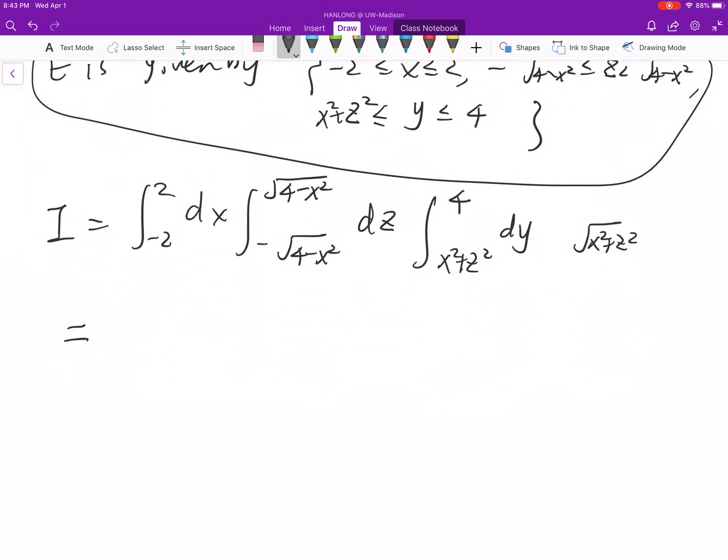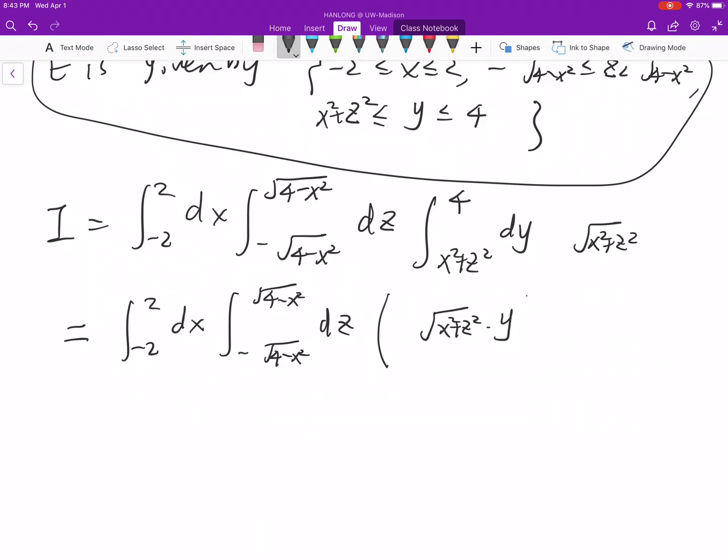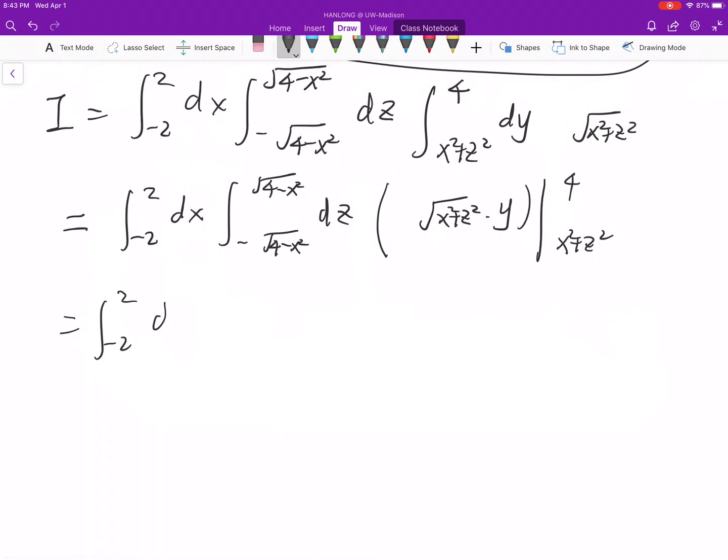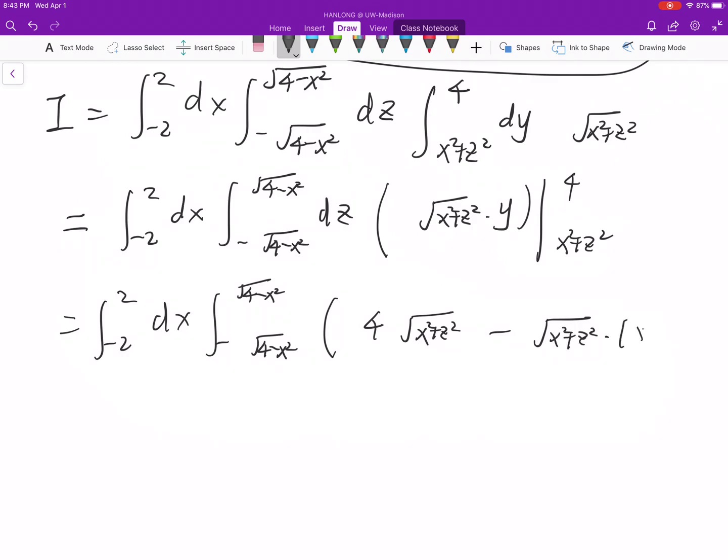Okay, at least here we can integrate y. Here you have a constant, so x squared plus z squared times y from x squared plus z squared to 4, and therefore you need to evaluate the following integral of 4 times x squared plus z squared minus x squared plus z squared times x squared plus z squared, dz.